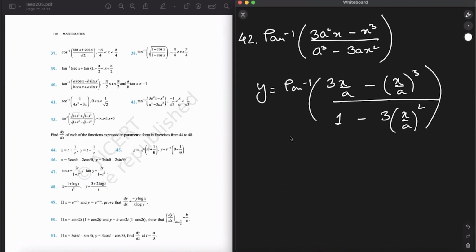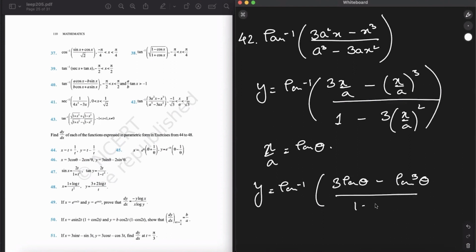I can say that this x upon a is my tan theta, and y is equal to tan inverse of (3 tan theta minus tan cube theta) over (1 minus 3 tan square theta).